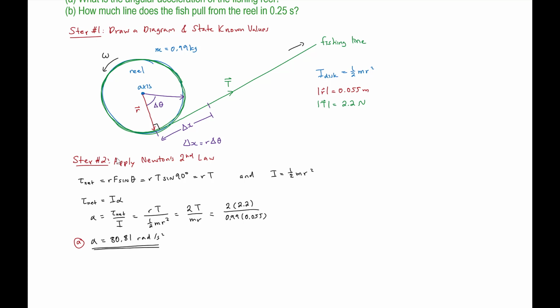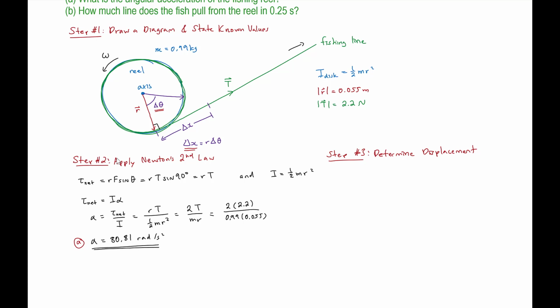The next thing we want to answer is how much line does the fish pull from the reel in 0.25 seconds? So what we really want to find is delta theta so that we can find delta x. So step number 3 involves determining the displacement.